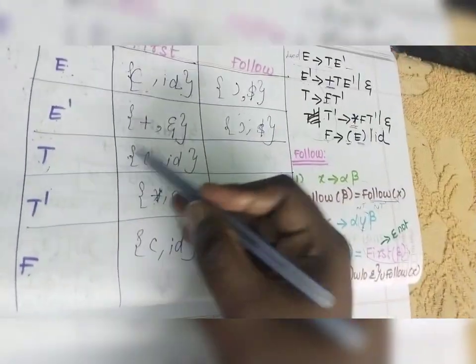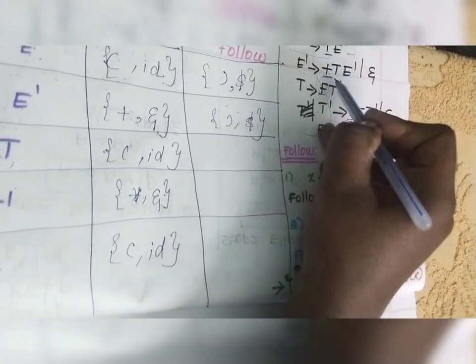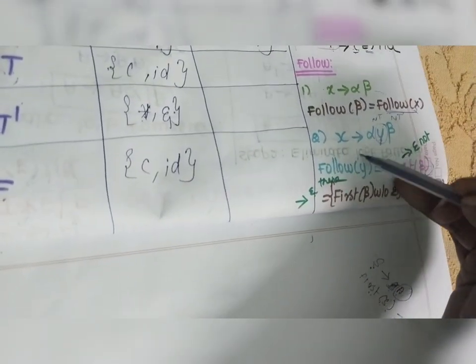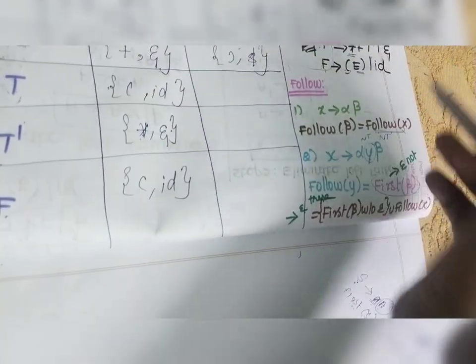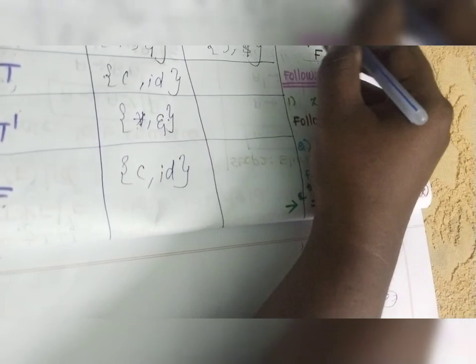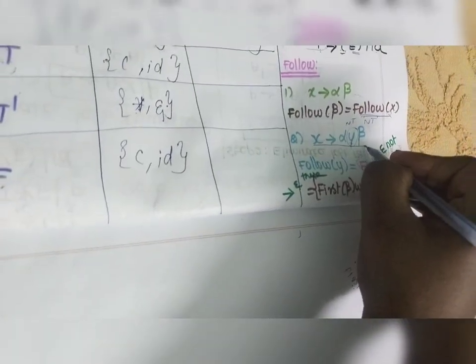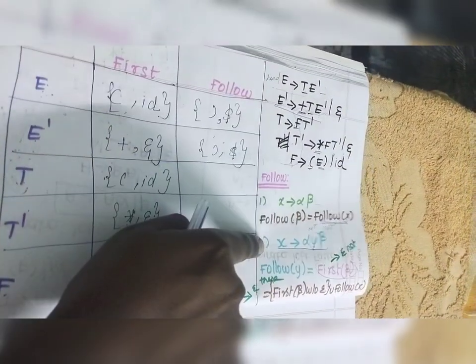Then T comes. Where is T? On the right side. T comes here and here. So you can check again. For T you have to choose this production or this production, any production. If I am choosing X tends to this production, you can compare this production and this one.